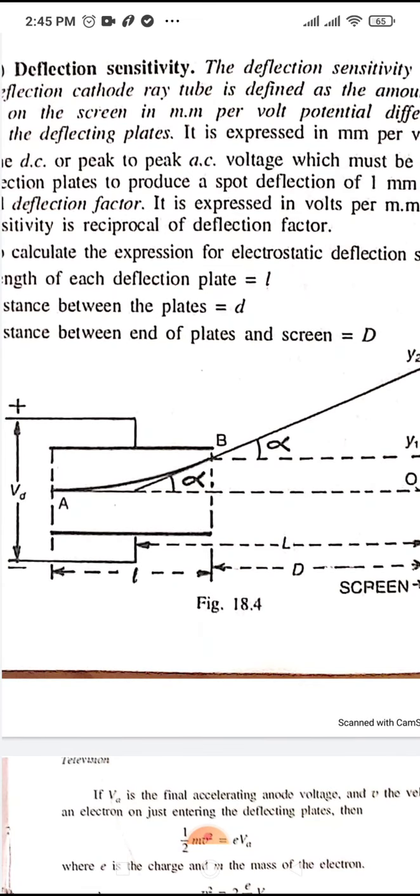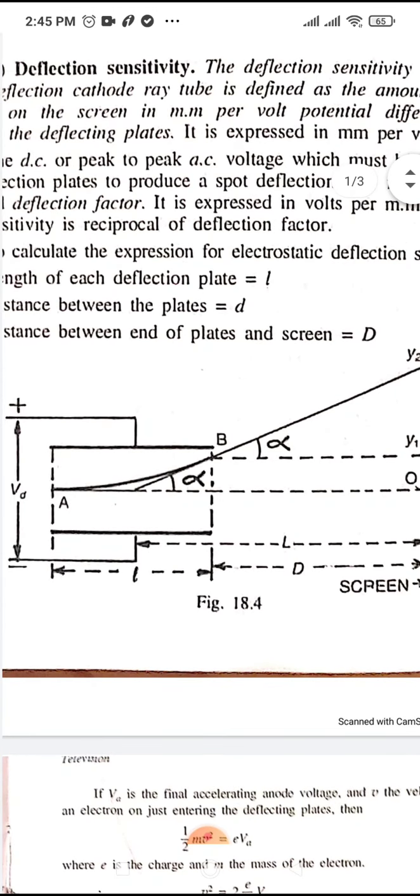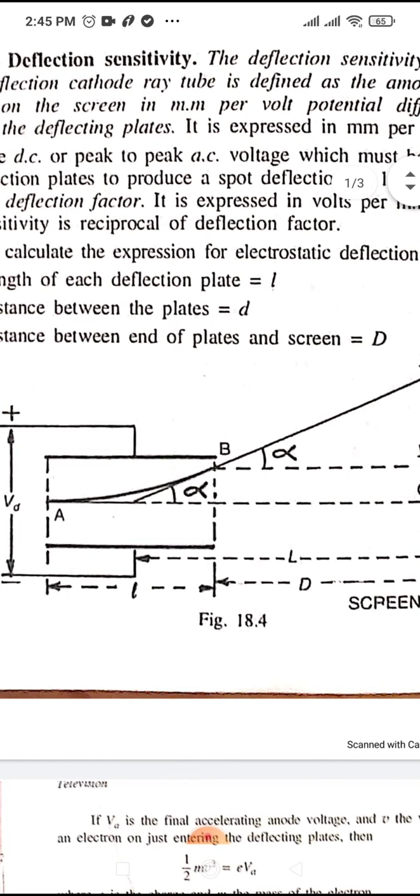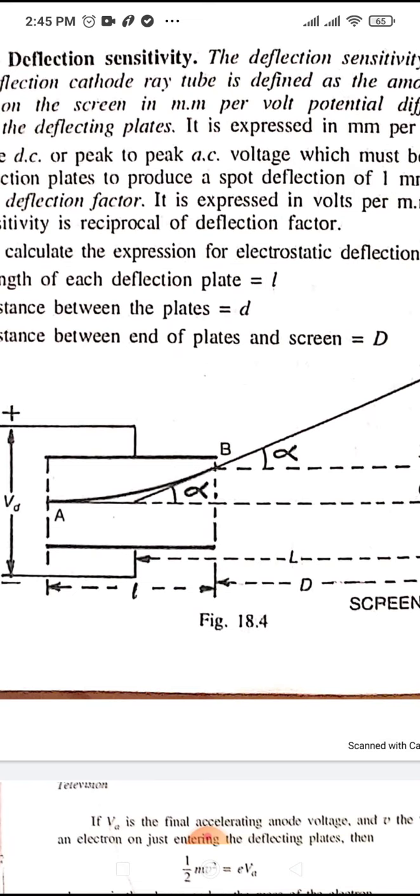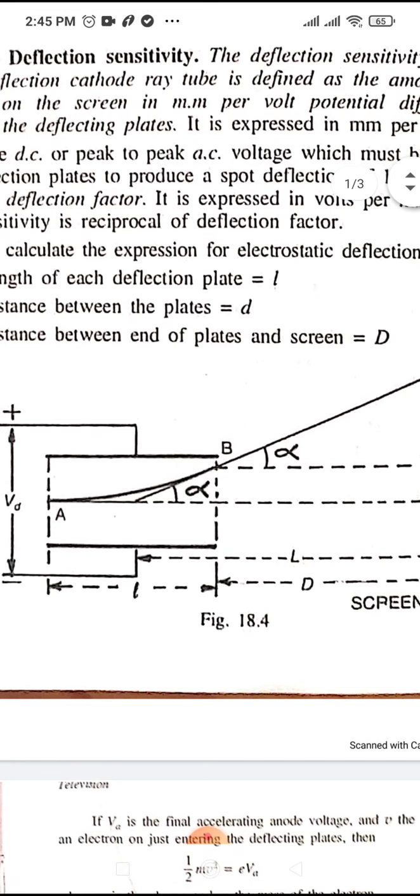Now the electron enters the deflecting system at O and leaves at B. The path of electron between O and B is curved, which is marked in this diagram. So the vertical upward displacement d1 during the time interval of small t is s is equal to ut plus half of at square, using this formula.